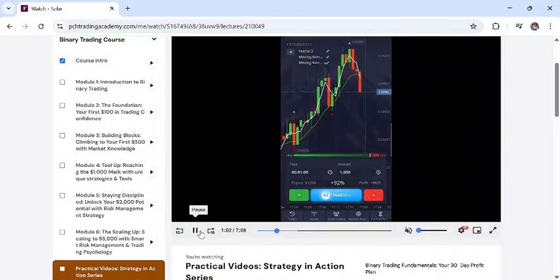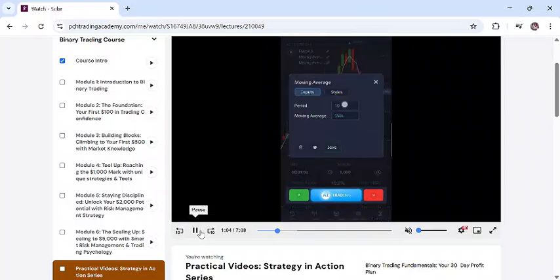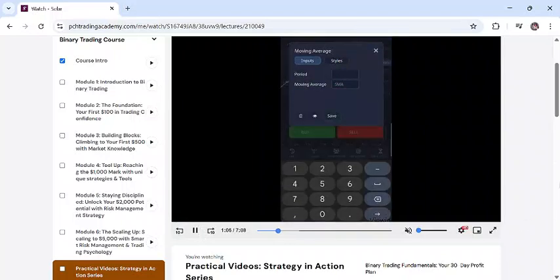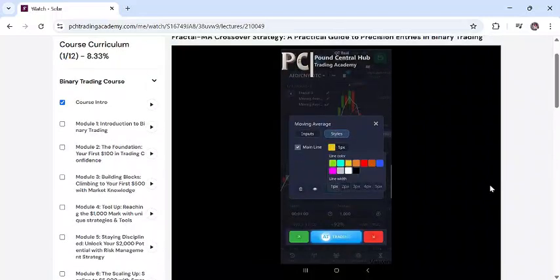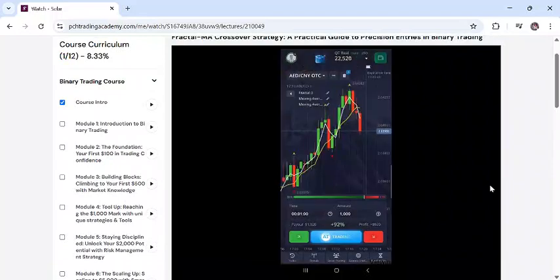And for the first moving average, we select a period of 3 also. Then you can choose a white color for the line and make it bold. For the second moving average, we can choose 7. And then choose another color, maybe yellow, and make it bold as well.